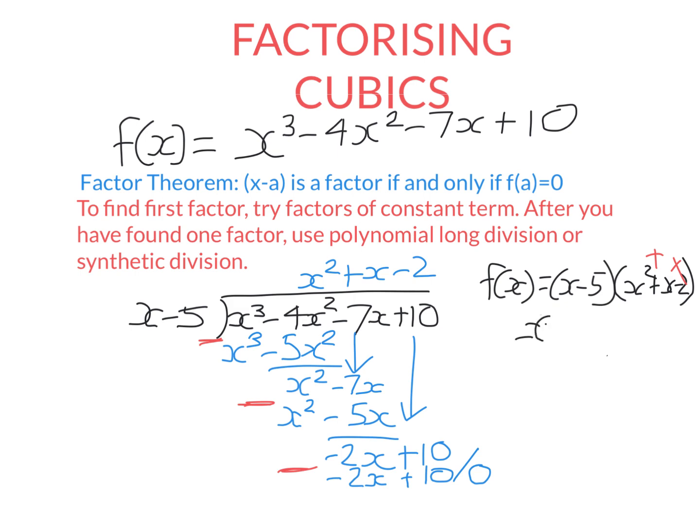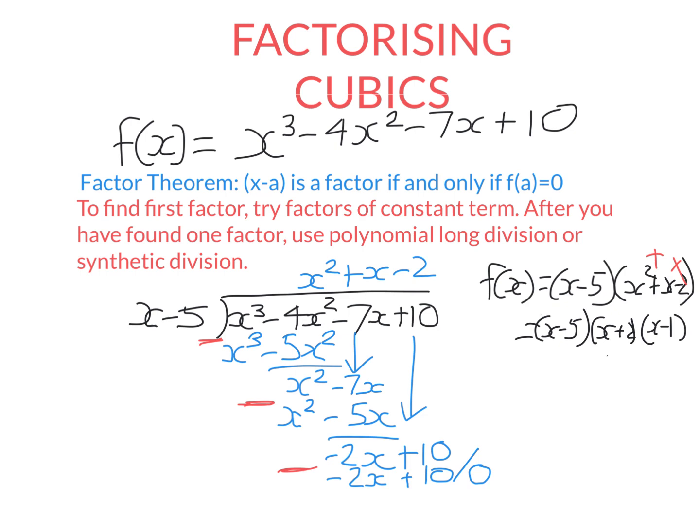So if I leave my x minus 5 alone, the two numbers that multiply to negative 2 and add to 1 are 2 and negative 1. So I have fully factorized this cubic. I've written it as 3 linear factors multiplied together. All right, so that's my final answer here that I obtained by using polynomial long division.